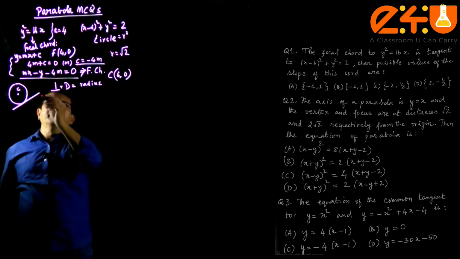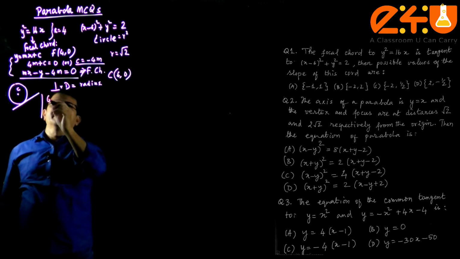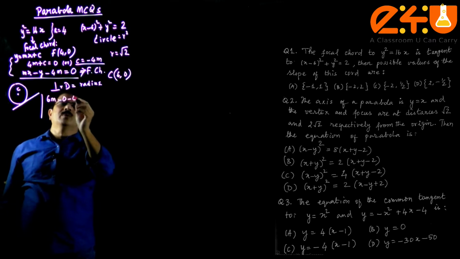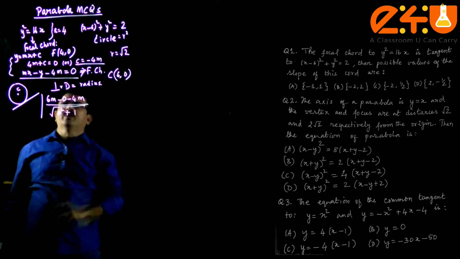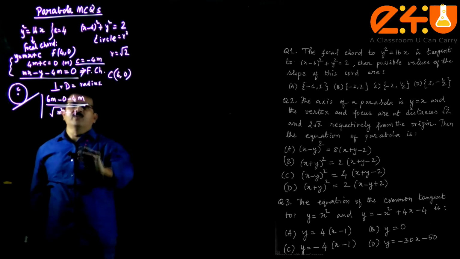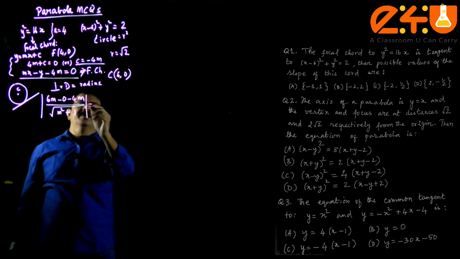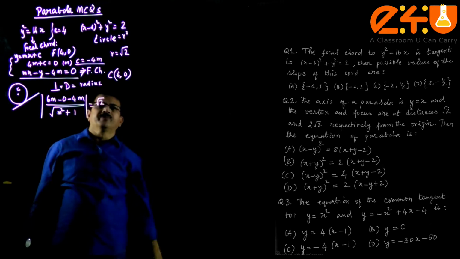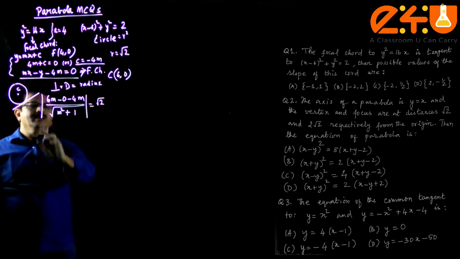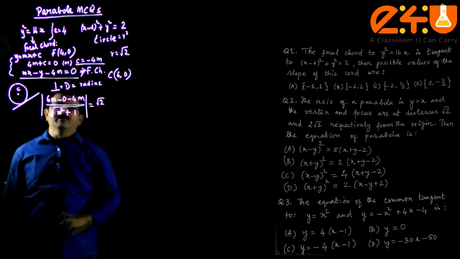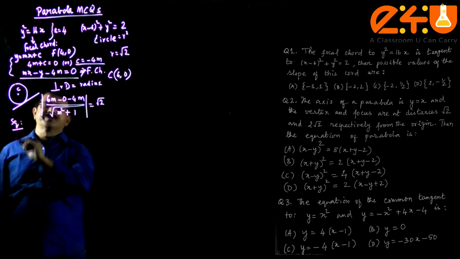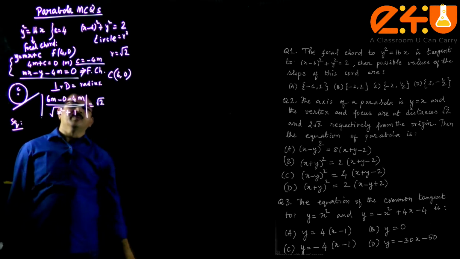So, what about the perpendicular distance of this line from (6, 0)? I get the modulus of 6m minus 0 minus 4m divided by the square root of m squared plus 1, since the coefficients of x and y are m and minus 1 squared, and it is equal to root 2, that is the radius. Well, we can get the value of m by squaring both sides. 6m minus 4m is 2m.